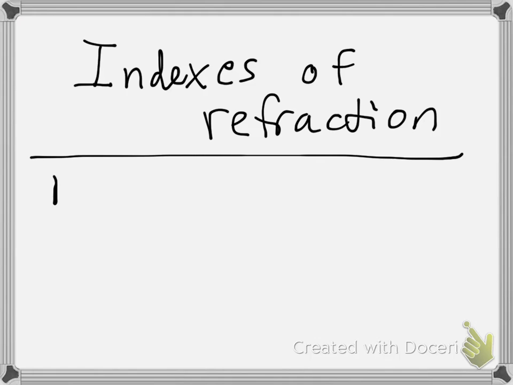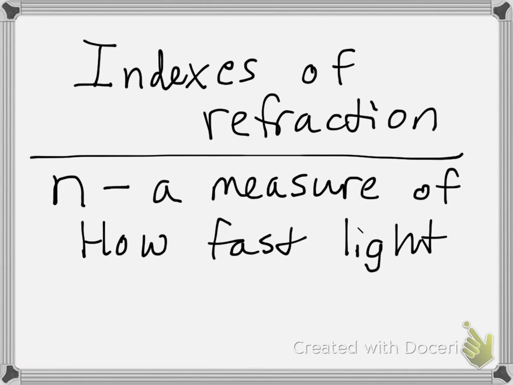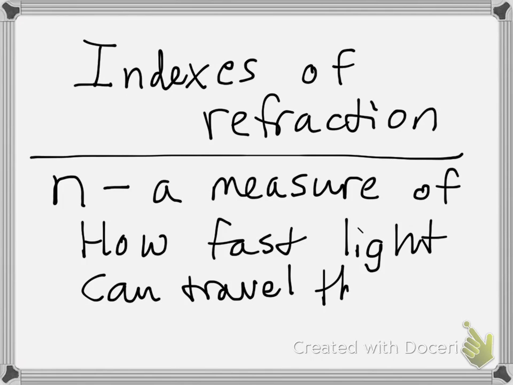This is simply the index of refraction. We denote it by lowercase n, and it is a measure of how fast light can travel through that medium.